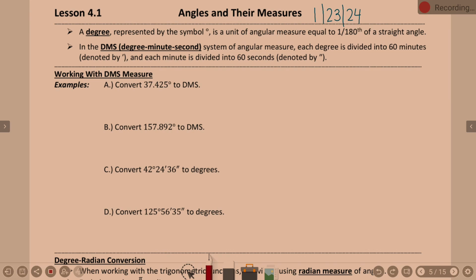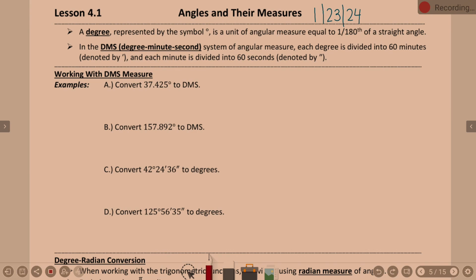So if we start with 37.425 degrees, so 37 and 425 thousandths degrees, being able to take that and break that into degrees, minutes, and seconds. Okay? So if we want to break this into degrees, minutes, and seconds, what do we already know? What are the degrees? Well, just think in terms of whole degrees. 37 degrees.